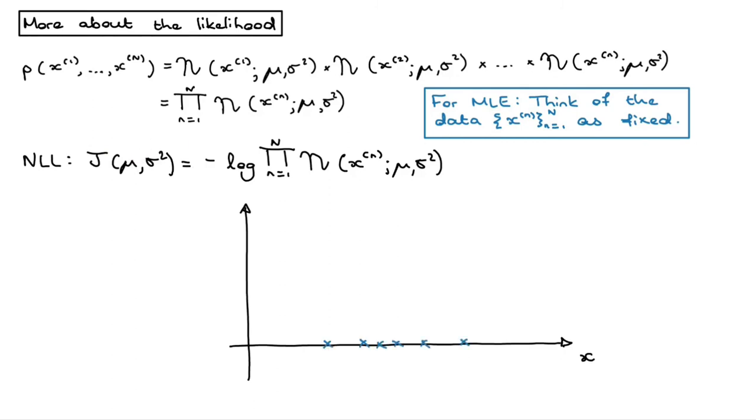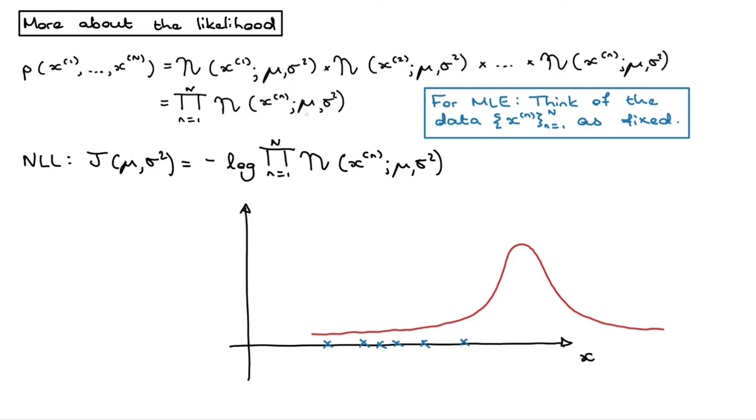So if we're given a data set of points, let's say these points, and let's say we guess some values for mu and sigma squared. What I'll do is, for that guess, I'm just going to draw out the PDF on top of the x's here. So let's say that's the PDF we get from our particular guess of mu and sigma squared.